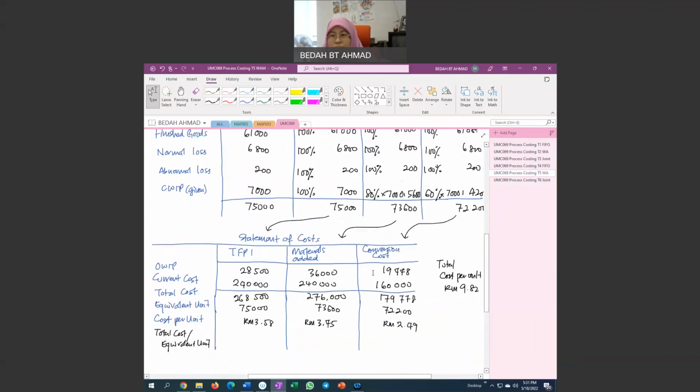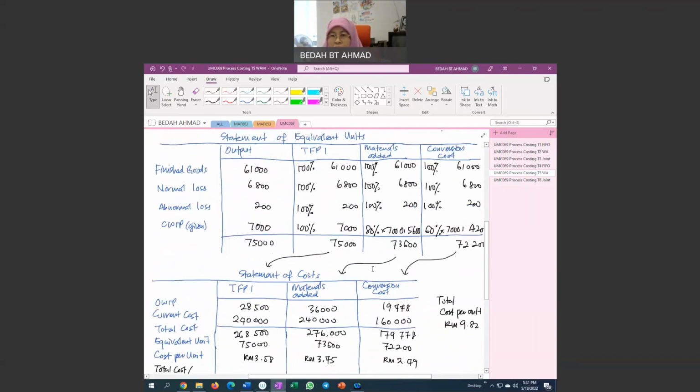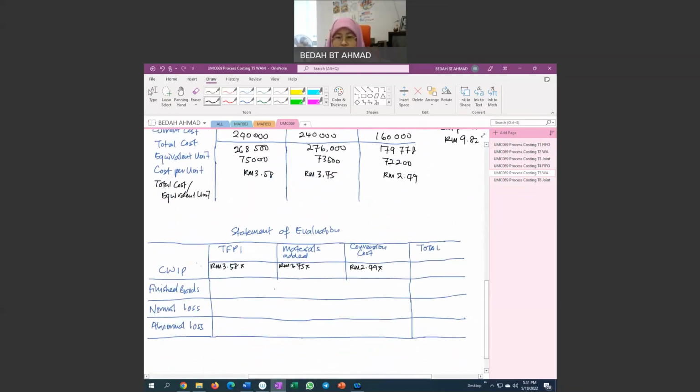We need to refer to the statement of equivalent units, which is 7,000 for the transfer from process 1 column, 5,600 and 4,200. So here multiply by 7,000, 5,600, 4,200.